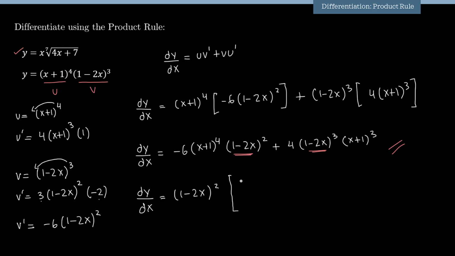Now if I divide the first term by (1 minus 2x) whole squared, I am going to get only minus 6 times (x plus 1) to the 4. And then plus, if I divide this by (1 minus 2x) whole squared, cube divided by square would leave me with the power of 1. So I'll get 4 times (1 minus 2x) to the power of 1 times (x plus 1) whole cube.